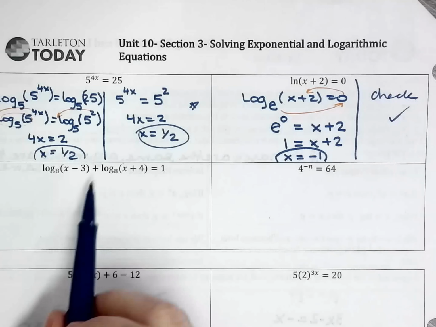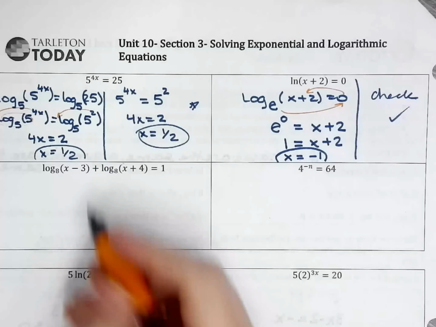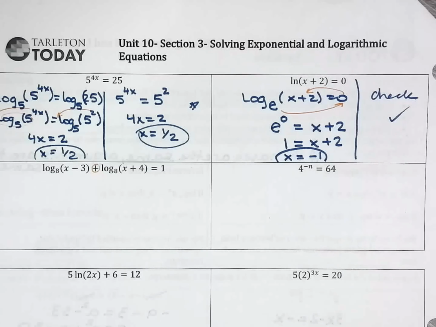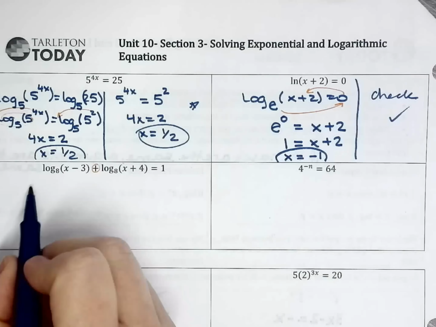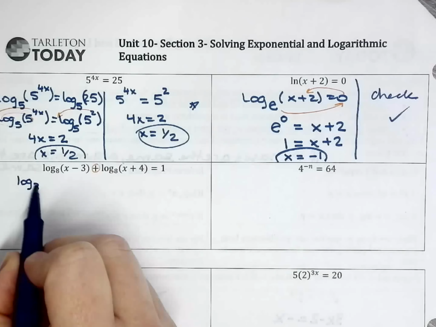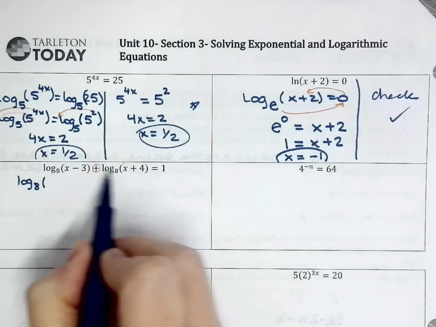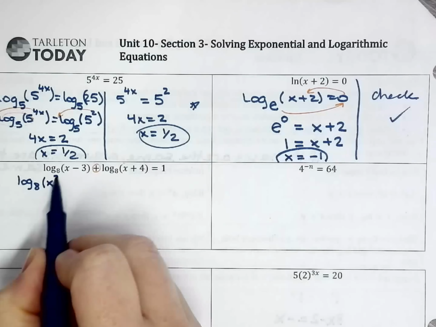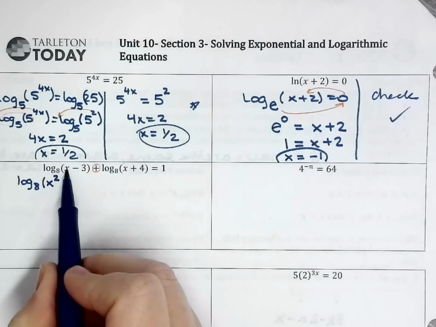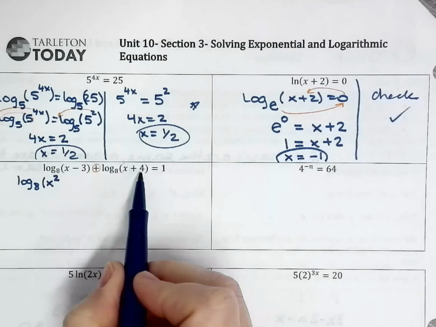Okay, now applying the properties here, when I see this plus, I think multiply the arguments. So off I go. I have log base 8. Now I'm going to multiply the arguments here, and I'm going to do this in my head. So x times x is x squared. x times 4 is 4x.